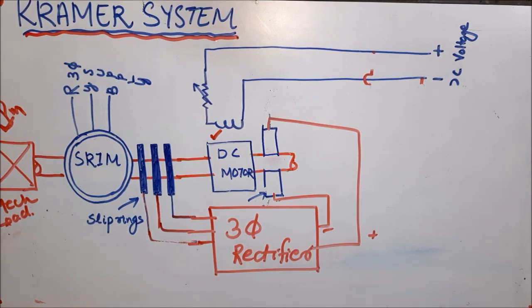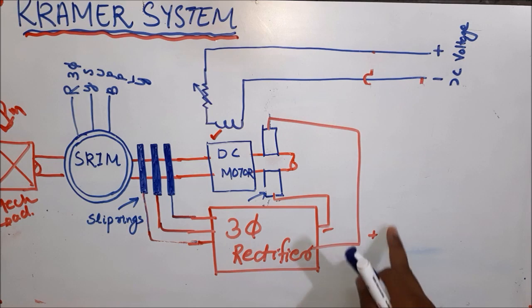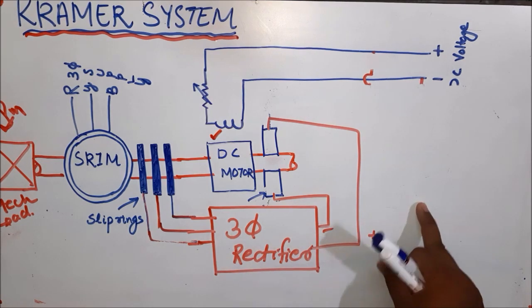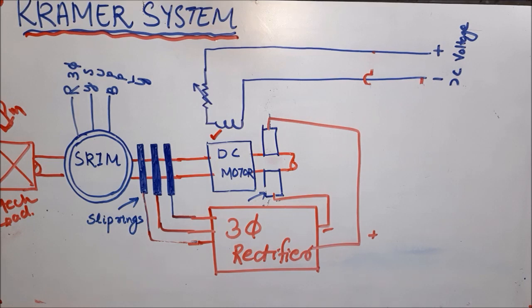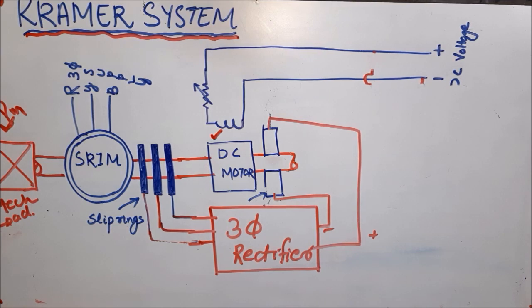We take three-phase AC and pass it through a three-phase rectifier, and this rectifier produces the DC power, which is again fed into the DC motor. The rest of the operation remains the same. Here, instead of the rotary converter, that means the motor generator setup, we connected a three-phase rectifier. This is all about the conventional and modified Cramer system.